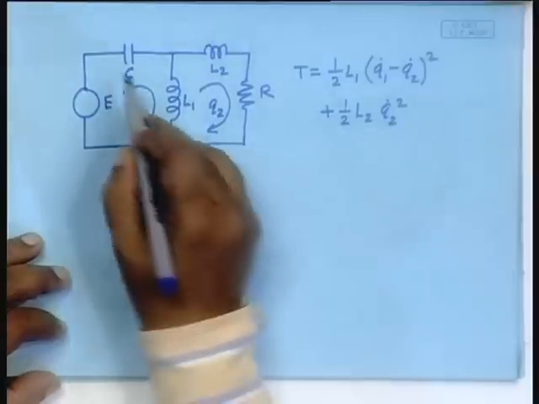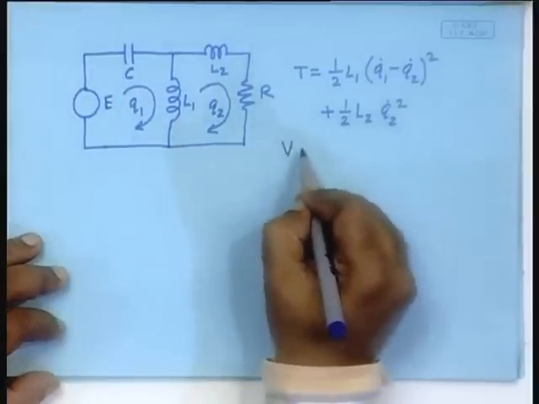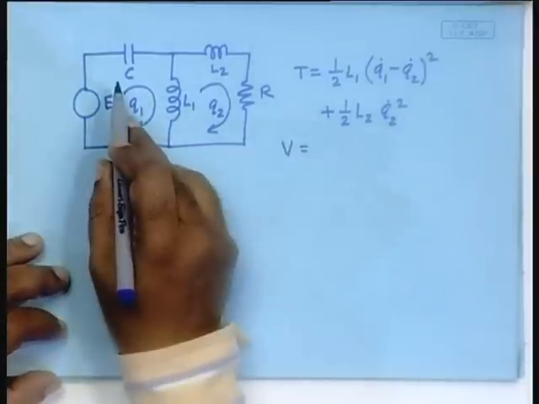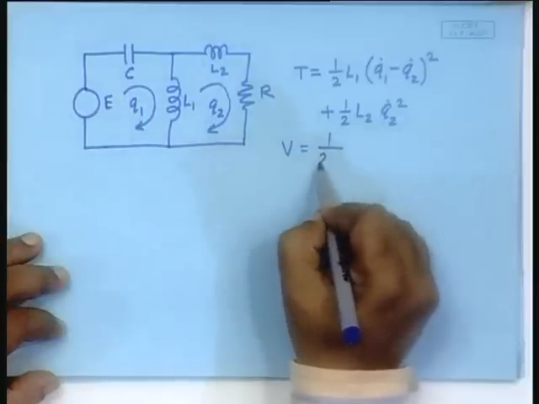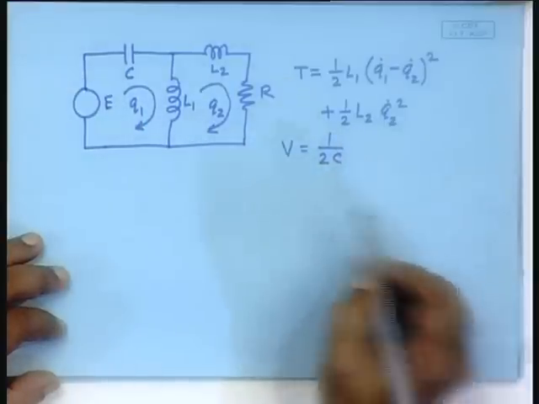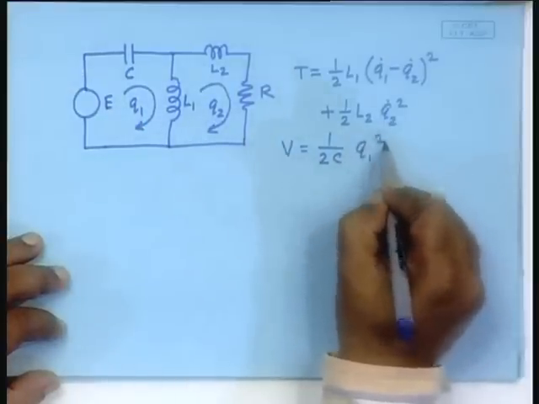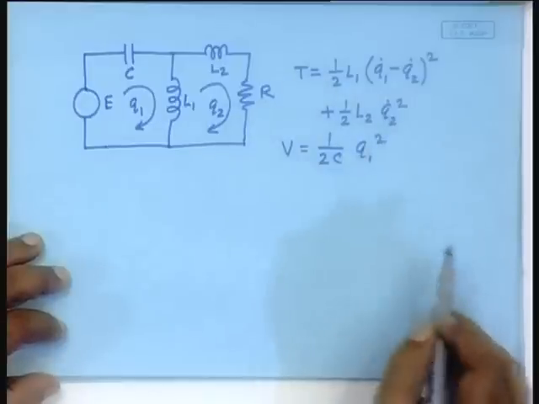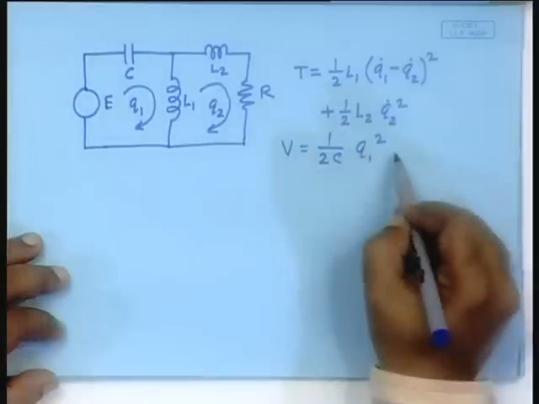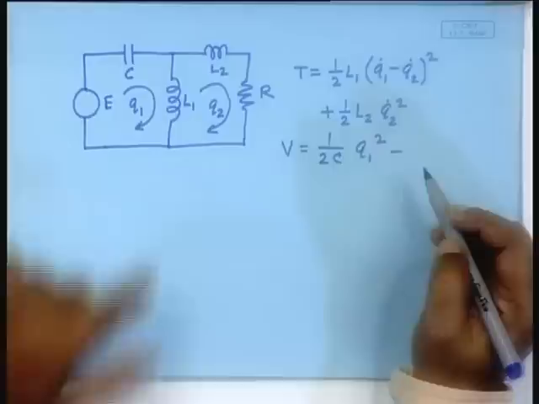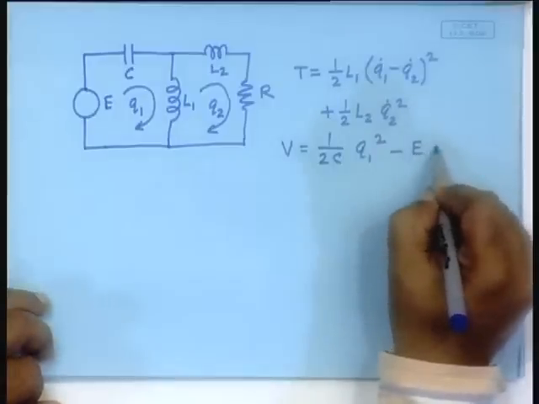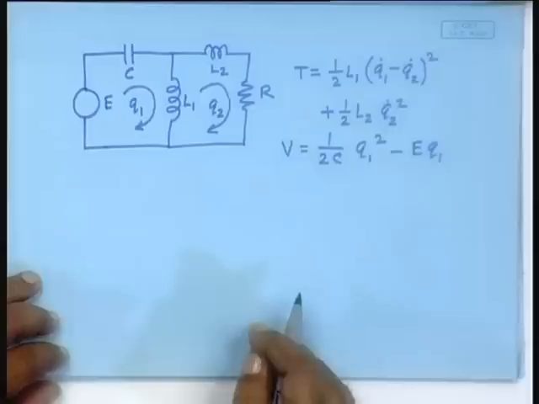The potential V is 1 by twice C q1 square. Also, due to this, it will be minus E q1, since it is in the direction of q1.